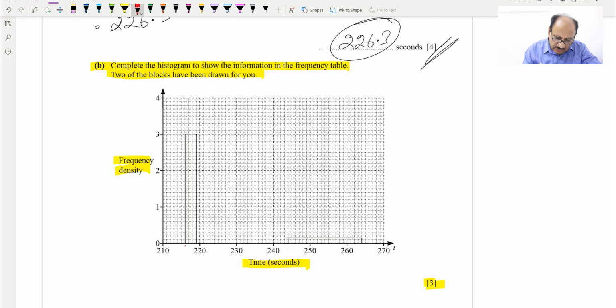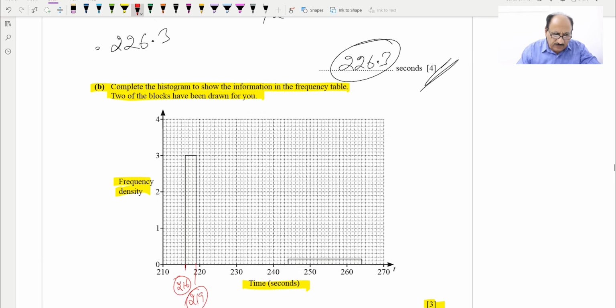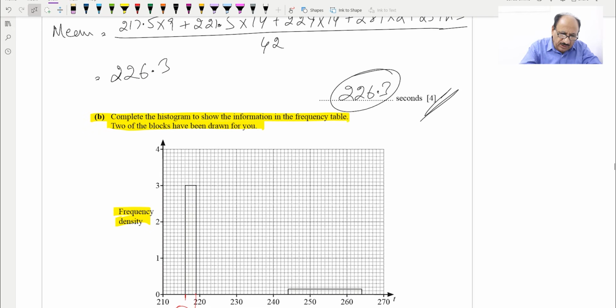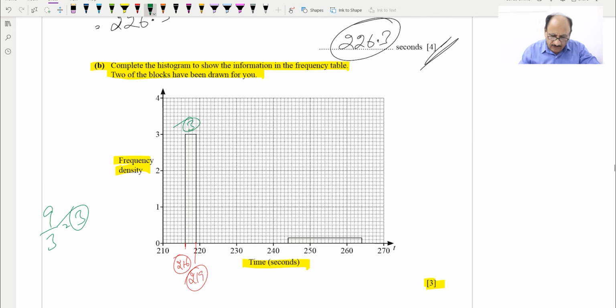This is representing 9, and the class width is 3, so we write 9 divided by 3, which is equal to 3. So the height is representing 3. This is how we will find this.